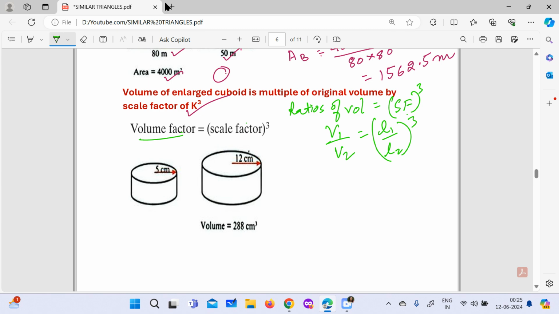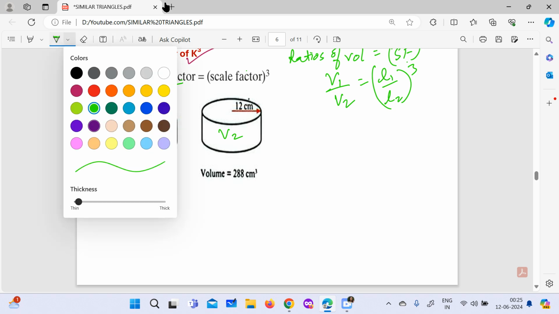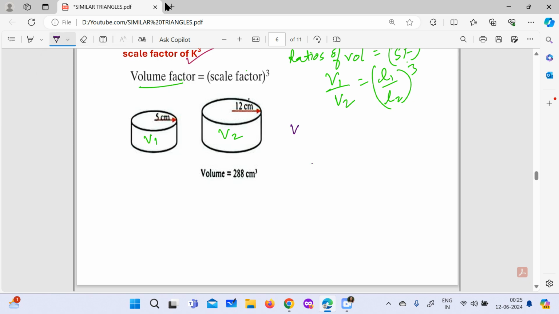So let's do this one here. Volume is given for this larger one. Let me say this is V1 and let me mark this one as V2. So following this rule, we will write V1 over V2 equals, let me write the rule first, L1 cubed upon L2 cubed.